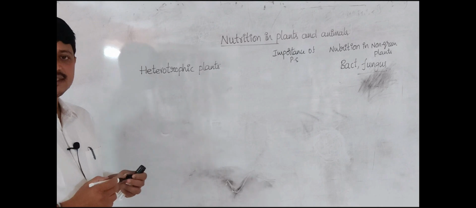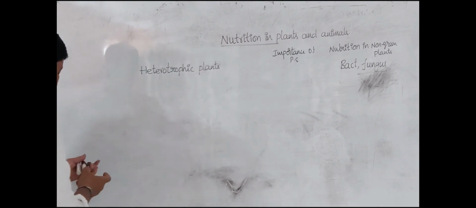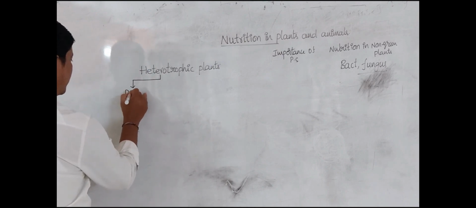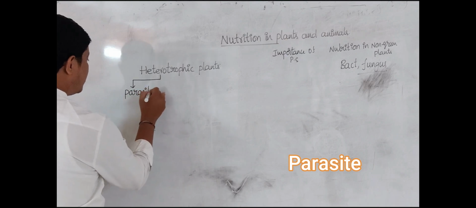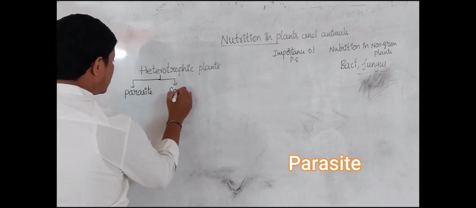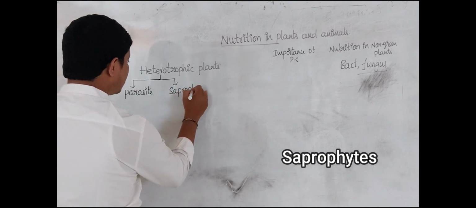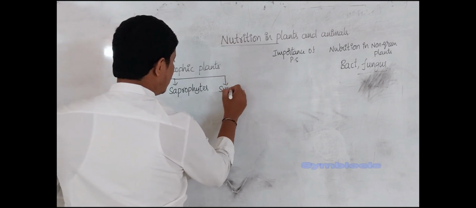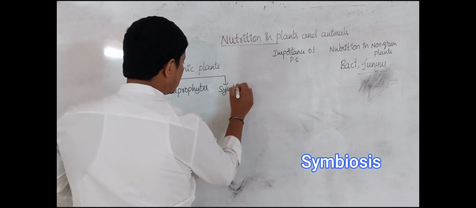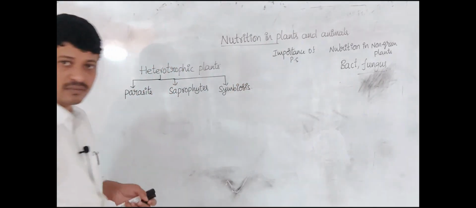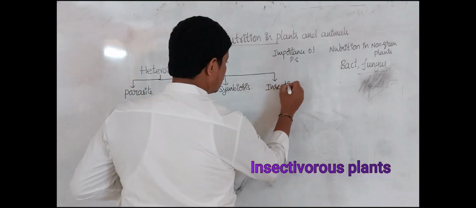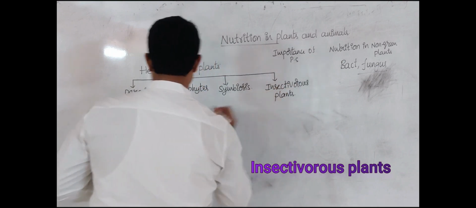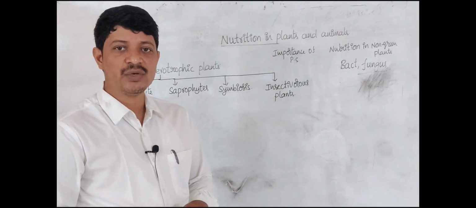See the nutrition process in the heterotrophic plants. In these heterotrophic plants, we observe some plants are parasites, some are saprophytes, and symbiosis.